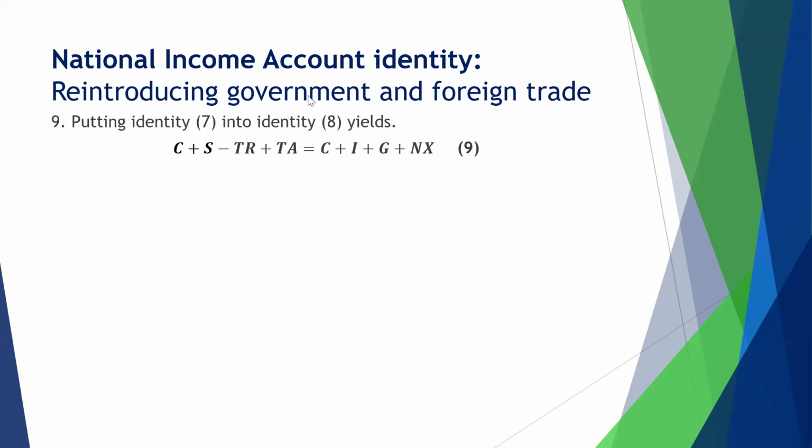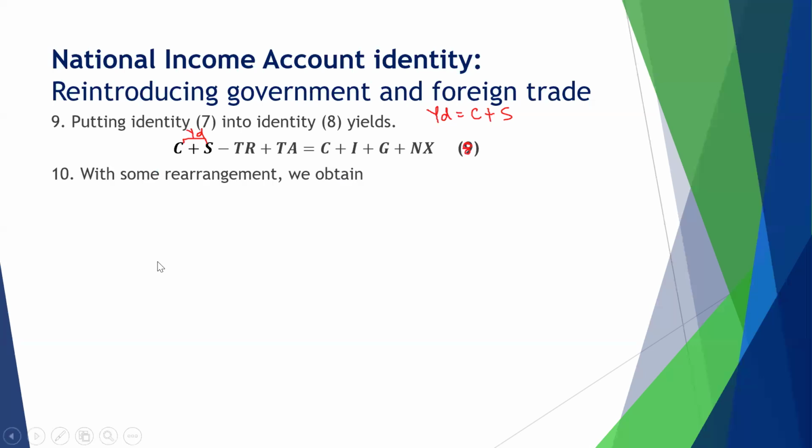Disposable income is equivalent to consumption plus savings, as mentioned in equation 7. That is why the YD is replaced with C plus S, minus the TR plus the TA, which is equivalent to C plus I plus G plus NX.